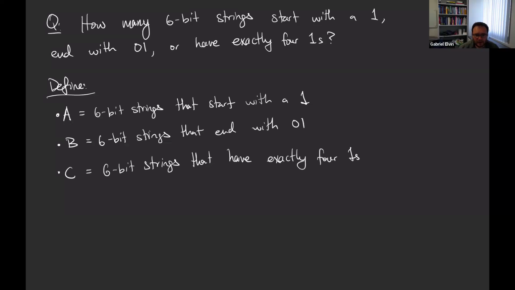And what we want is the size of A union B union C, right? The number of things that have at least one of these characteristics.